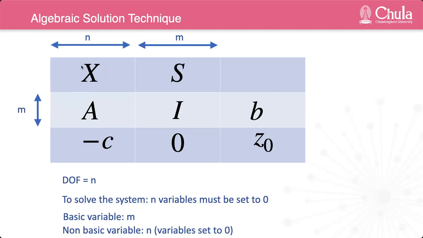We have n decision variables, and because we have m constraints, each inequality constraint requires one slack variable. Then, because we have m inequality constraints, we need m slack variables, okay?